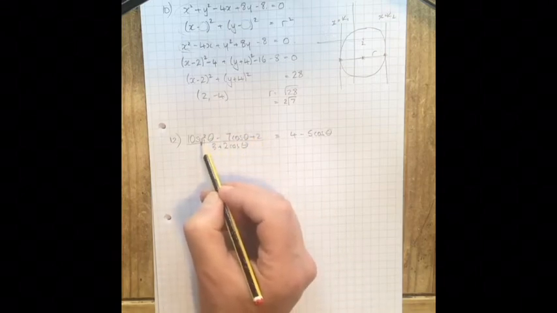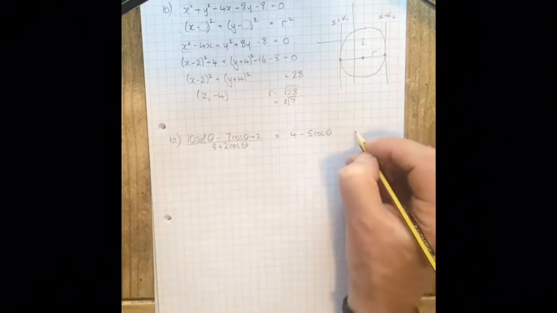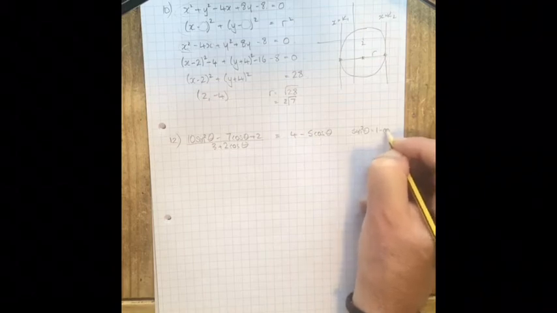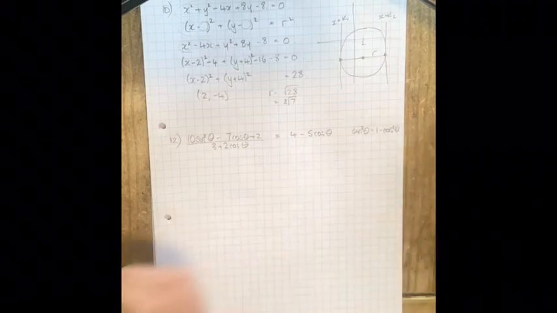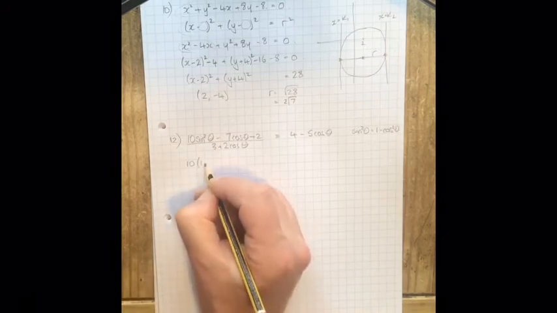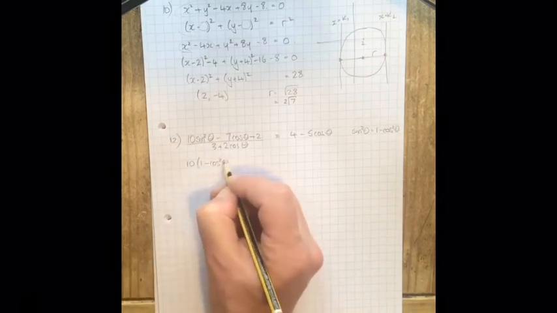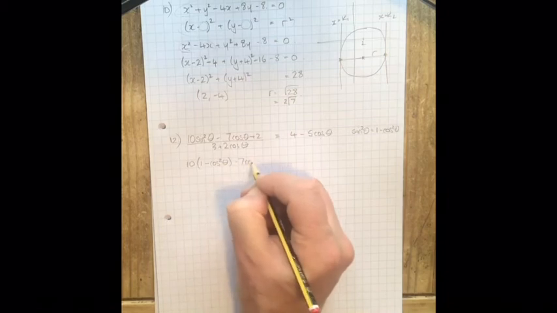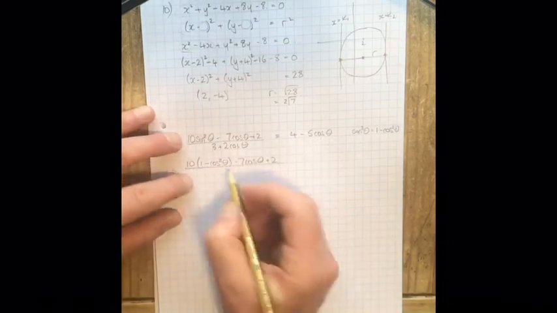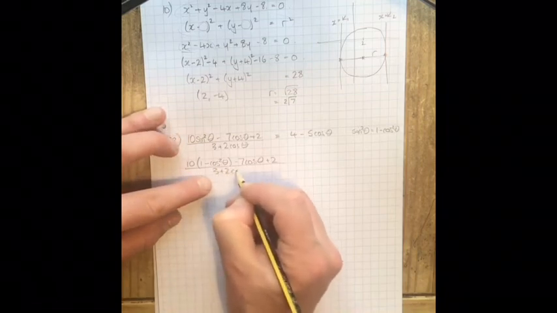So the first thing I'm going to do is use the identity that sine squared theta is 1 minus cos squared theta. So let's substitute that in. 10 times (1 minus cos squared theta) minus 7 cos theta plus 2, over 3 plus 2 cos theta.